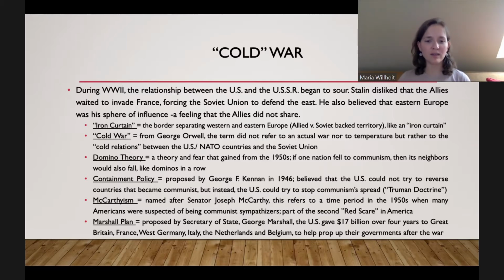So, Secretary of State George Marshall, and I believe this is under Eisenhower in the 1950s, decides we're going to give $17 billion over 4 years to Great Britain, France, West Germany, Italy, the Netherlands, and Belgium. These are all nations that really struggled after World War II to recover.